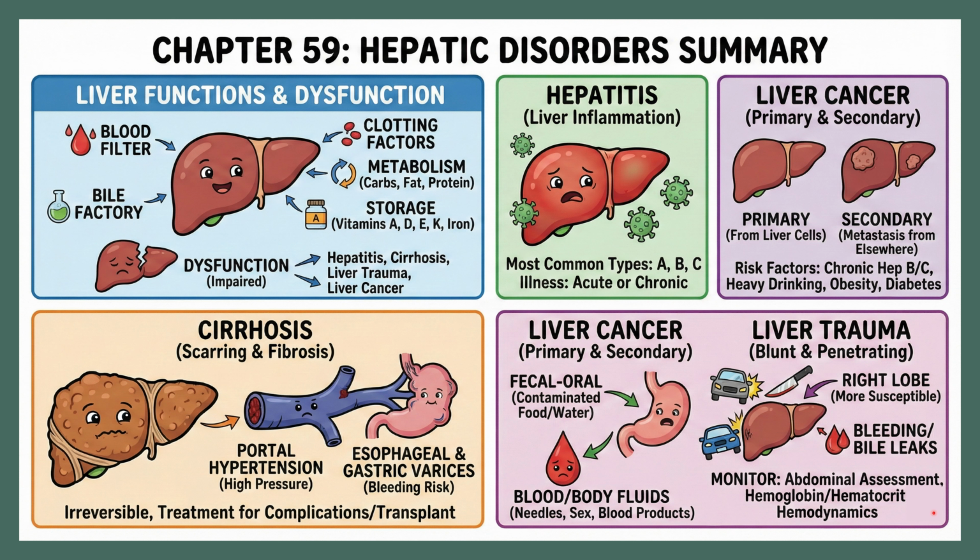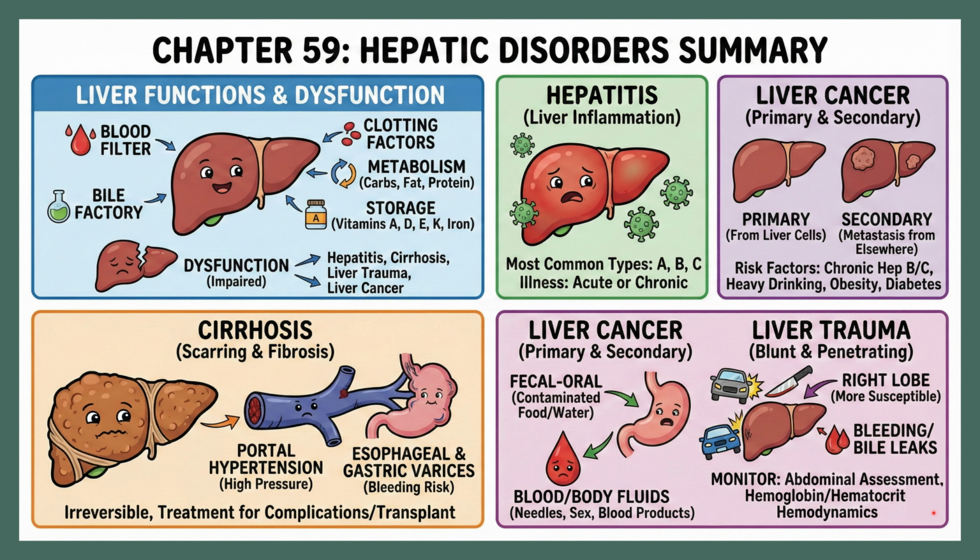Alteration of blood flow to the liver results in portal hypertension and shunting of blood around the liver that leads to increased pressure in the surrounding vessels and esophageal and gastric varices, which may result in upper GI bleeding. So cirrhosis is generally irreversible and treatment is generally focused on preventing progression and complications. In advanced stages of cirrhosis, the only option is a liver transplant.